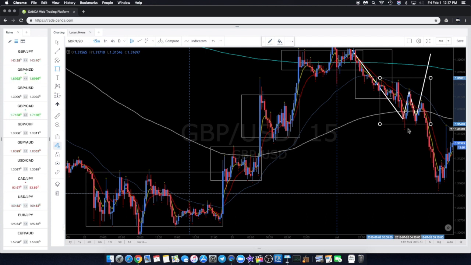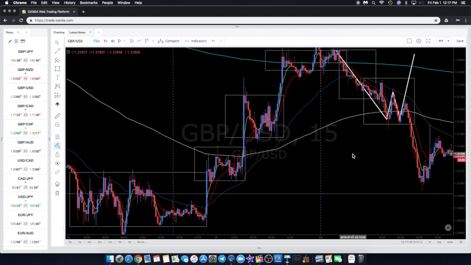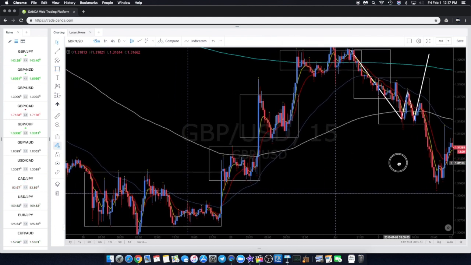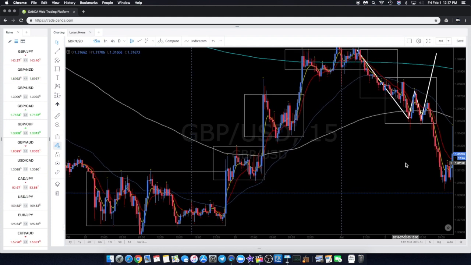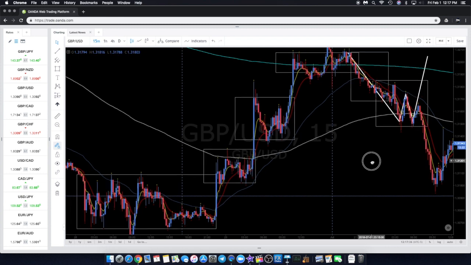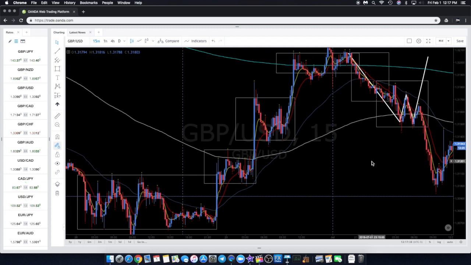So you should expect the next move to drop down to level 2. Okay? And so this is very important for you guys to realize how important it is for you to know where you are in the cycle. Because if you don't know where you are in the cycle, this exact thing is going to happen to you.